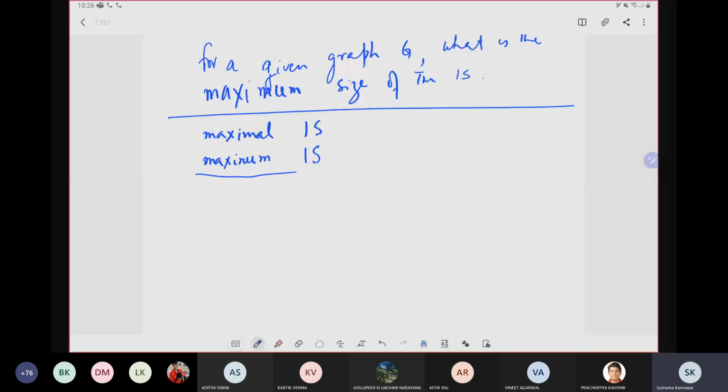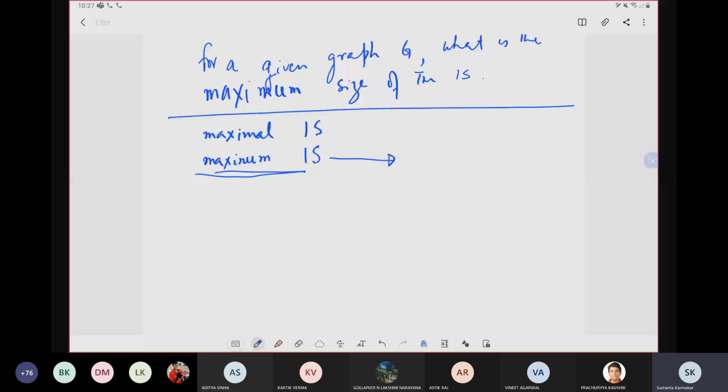Whereas maximal means you started with a particular vertex and reached one independent set, by exclusion and inclusion slowly, but you have reached one independent set which cannot be extended further by adding any further node.